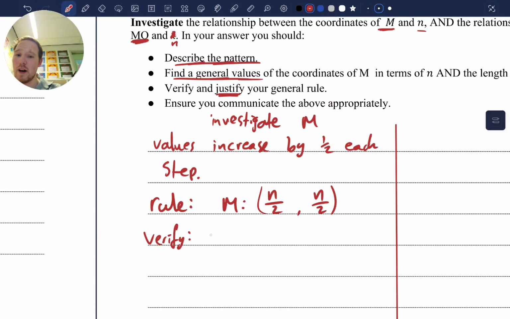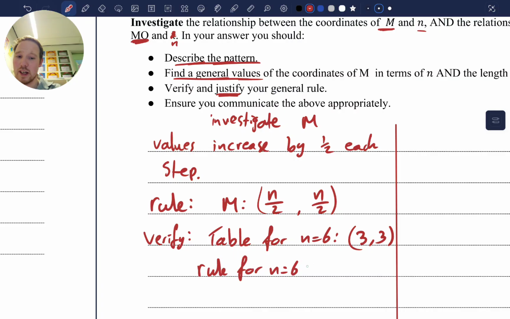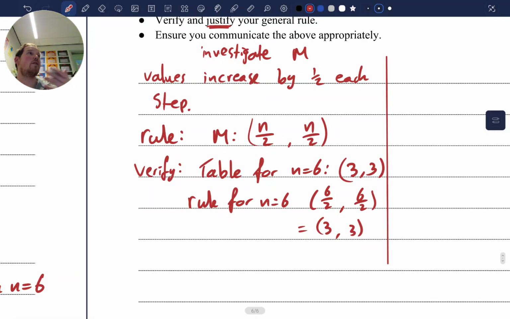So let's verify. What do I see in the table for n equals 6? I had the values 3, 3. And my rule for n equals 6 would be 6 over 2, 6 over 2, which is also 3, 3. So once again, the table and my rule are giving the same value.